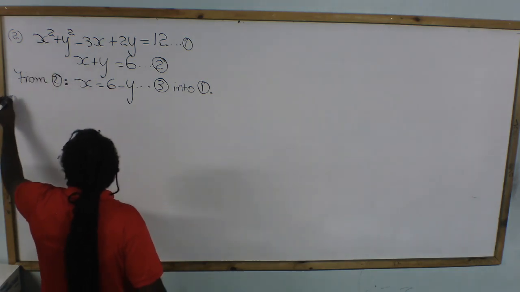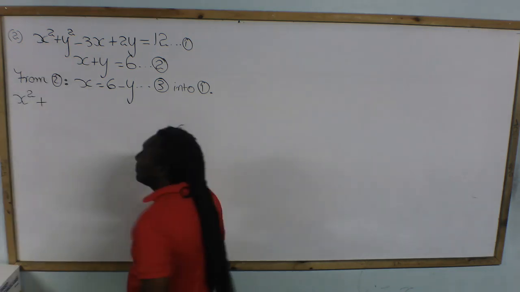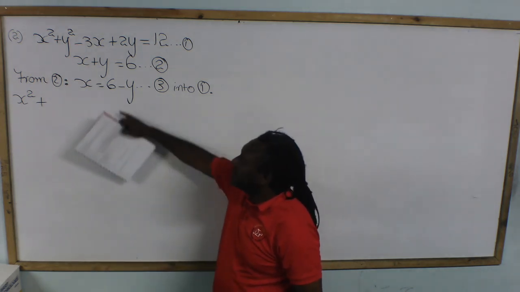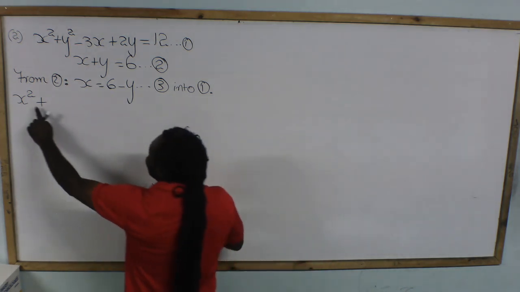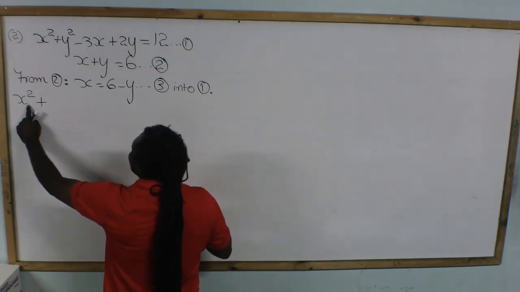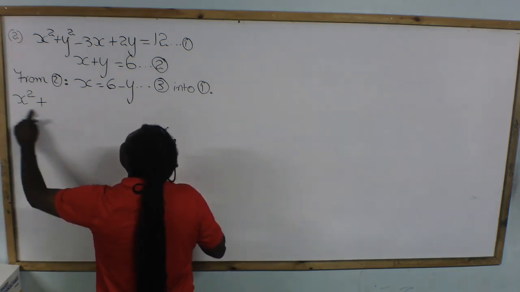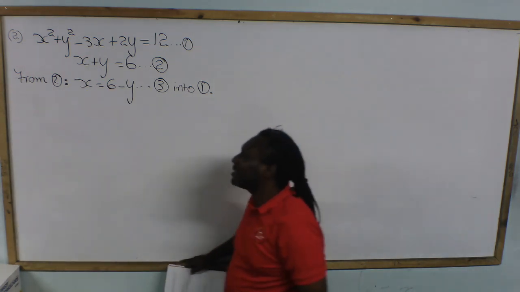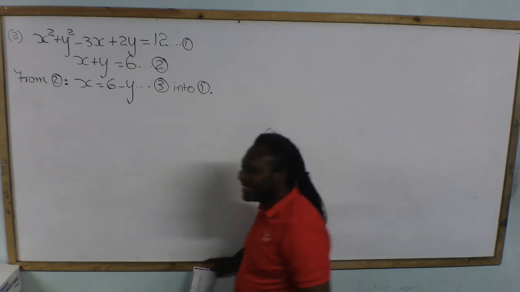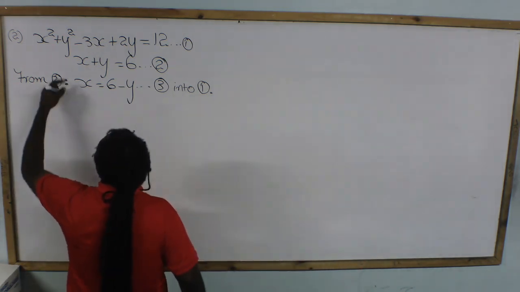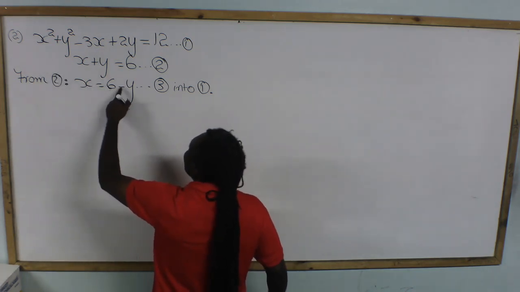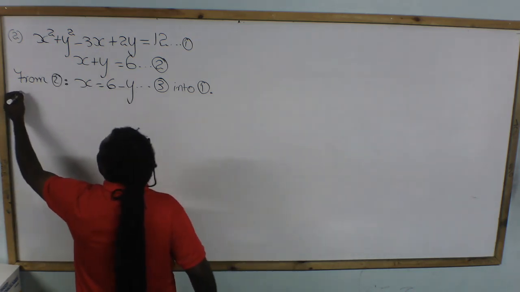First of all, we have x squared. Then we have plus what? y squared. What should we have here? 6. So, my assistants are not working, so we have to. So let's go again. Where we have the x squared, since x is equal to 6 minus y, we have what?